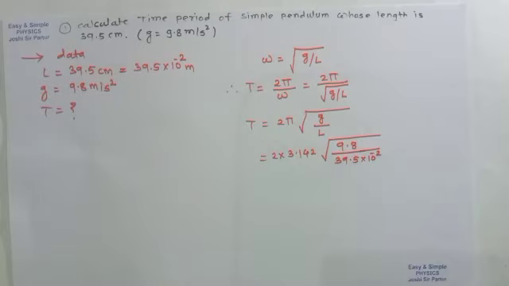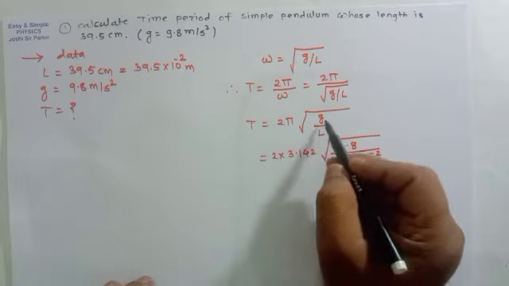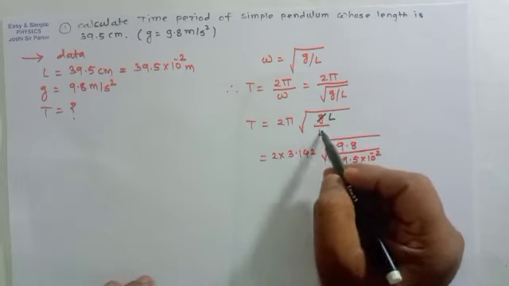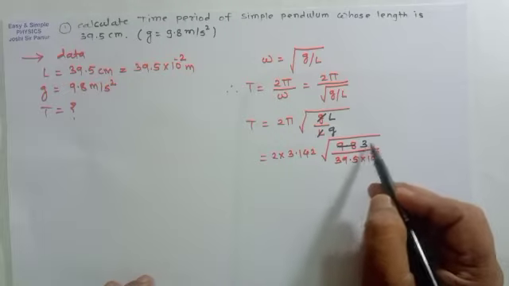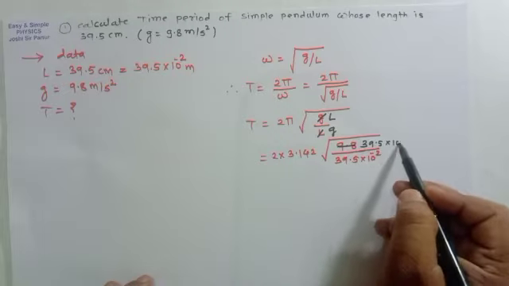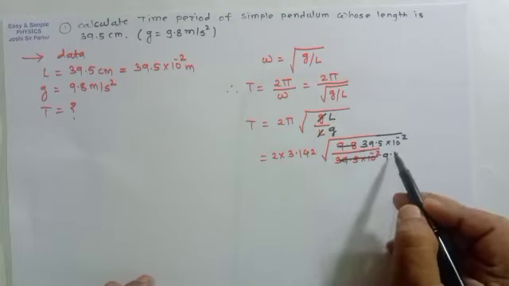See here, make a correction, that is 2 pi square root of L upon g. So here we can write 39.5 into 10 to the power minus 2 divided by 9.8.